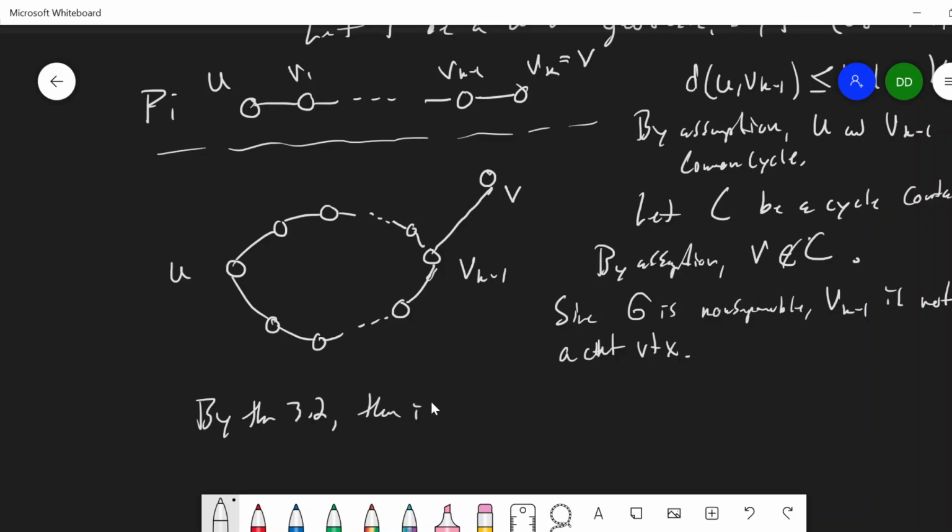By Theorem 3.2, every uv path can't go through vk minus 1. There has to be some other path that goes from u to v. There is a path, let's call it q. There is, let me be more specific, a uv path q that does not contain vk minus 1.